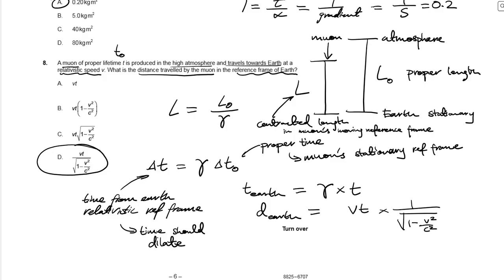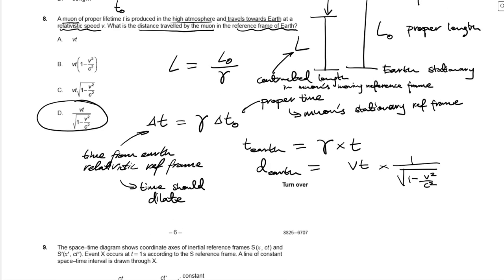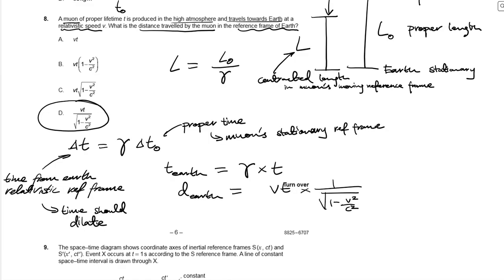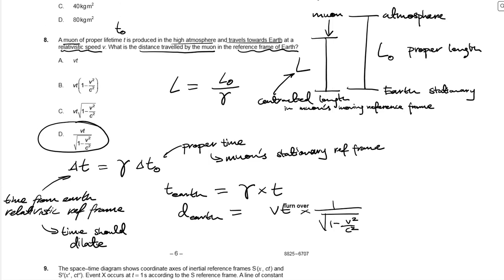And so we can use this formula. Let's move down a bit. We have L, and we have proper length, which is of Earth. So this is the muon.